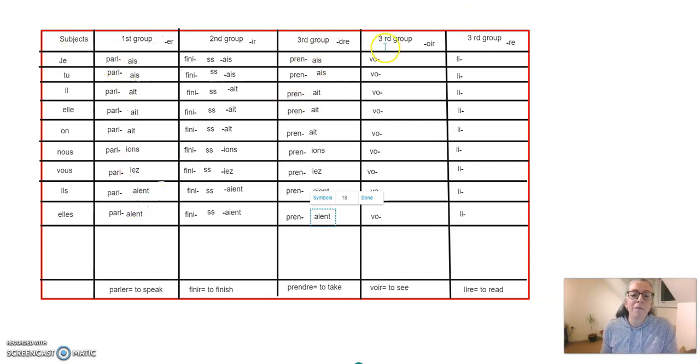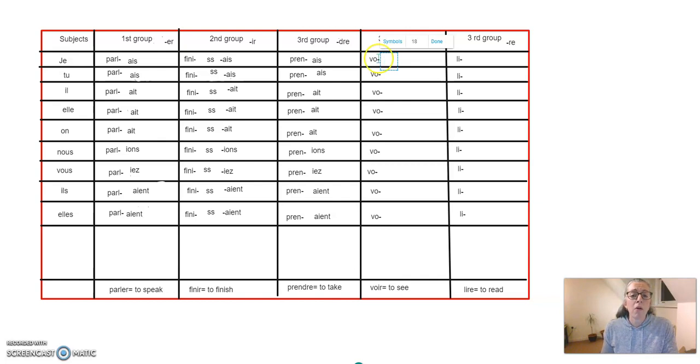If we have a look now at the verb voir, which is ending in OIR, in this case voir will be slightly different. We are removing the I and the R, and it's not even like the second group verbs, because with the second group we are removing the R only.